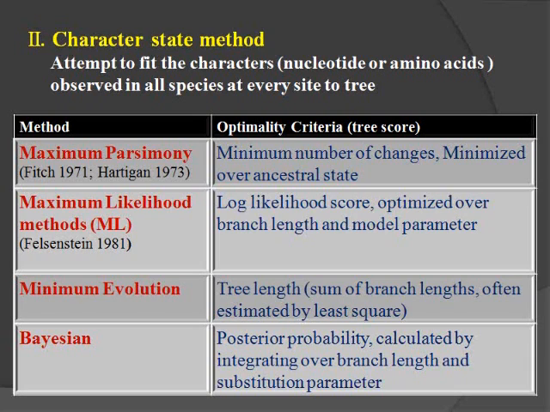But the drawback of these two methods is that as you increase the number of taxa in the analysis, it becomes more and more exhaustive. The number of probable trees will increase, and the analysis will become a very slow process.